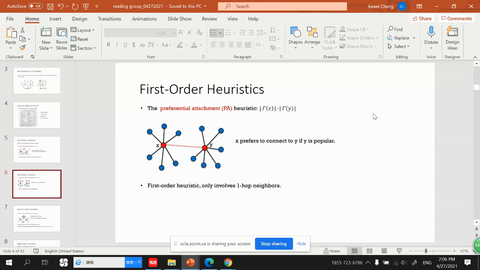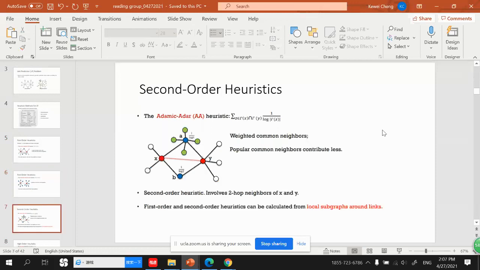The basic idea of this method is to predict that x and y will share a link if x will prefer to connect to y when y is popular. So we can observe that this method also involves only one hop neighbors, so it is a first order heuristic method.